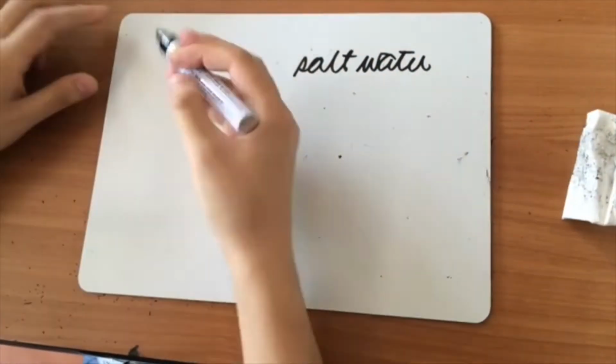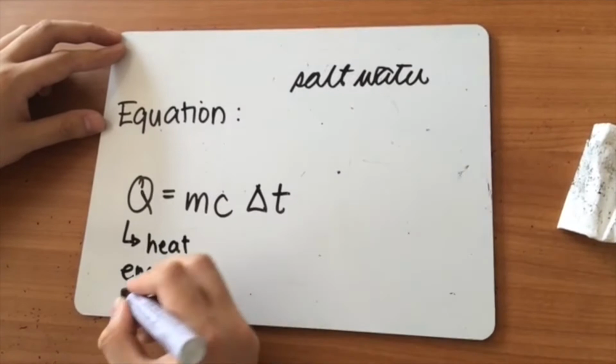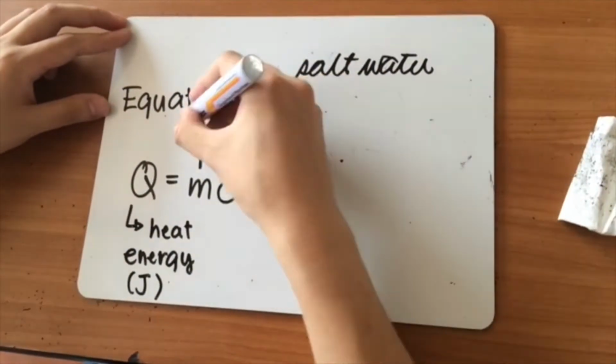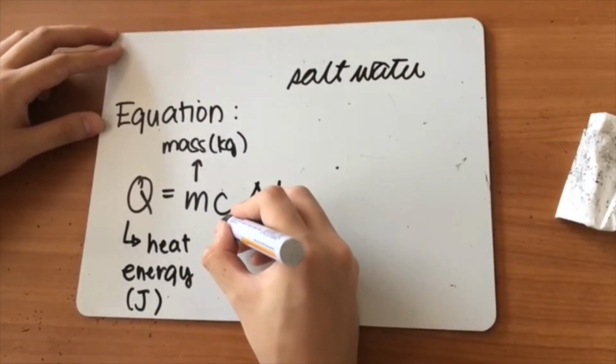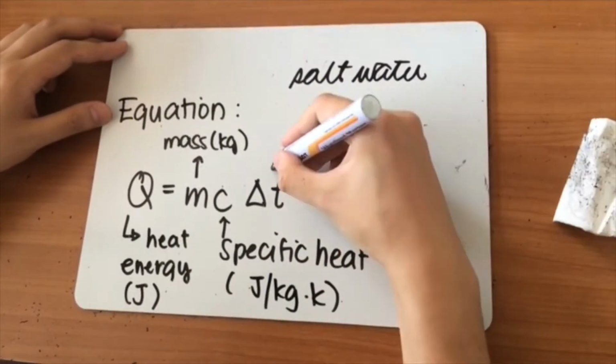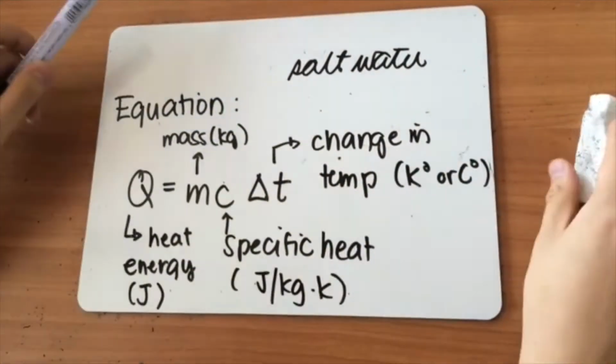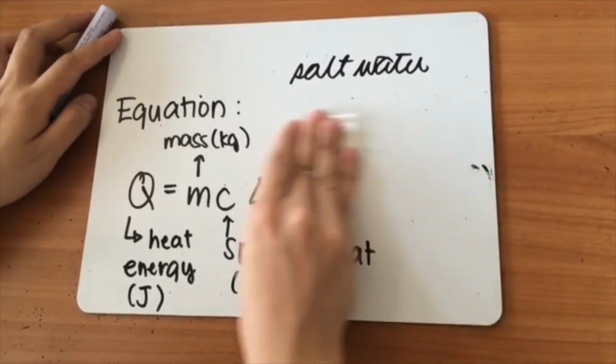Well, the answer is found in the equation Q equals mc delta T, where Q is heat energy in joules, m is mass in kilograms, C is an object's specific heat in joules per kilogram Kelvin, and delta T is its change in temperature in Kelvin. Let's look more closely.